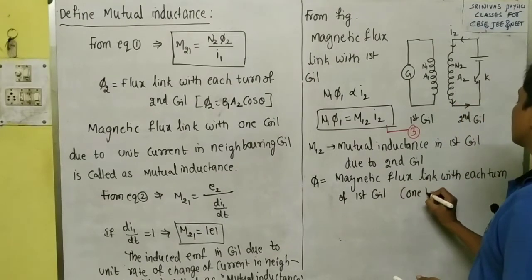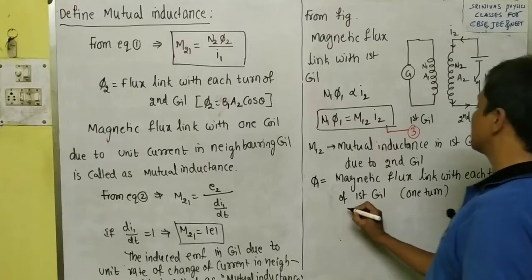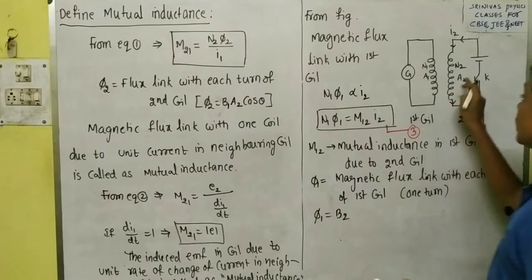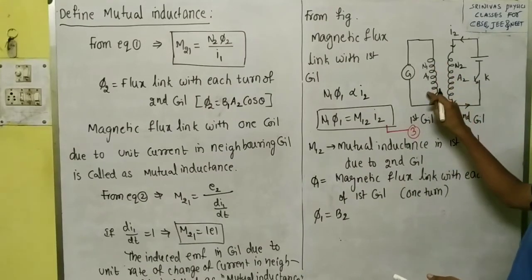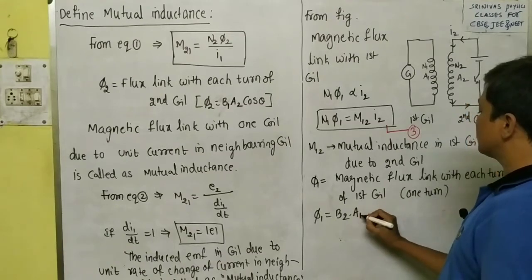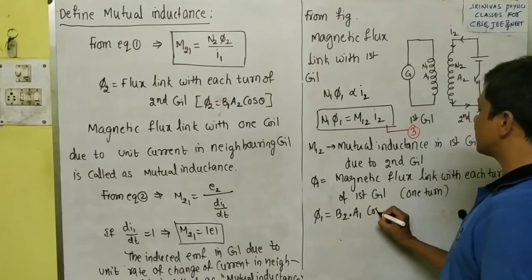This depends upon the field generated by the second coil, so phi 1 equals B2 A1 cos theta.